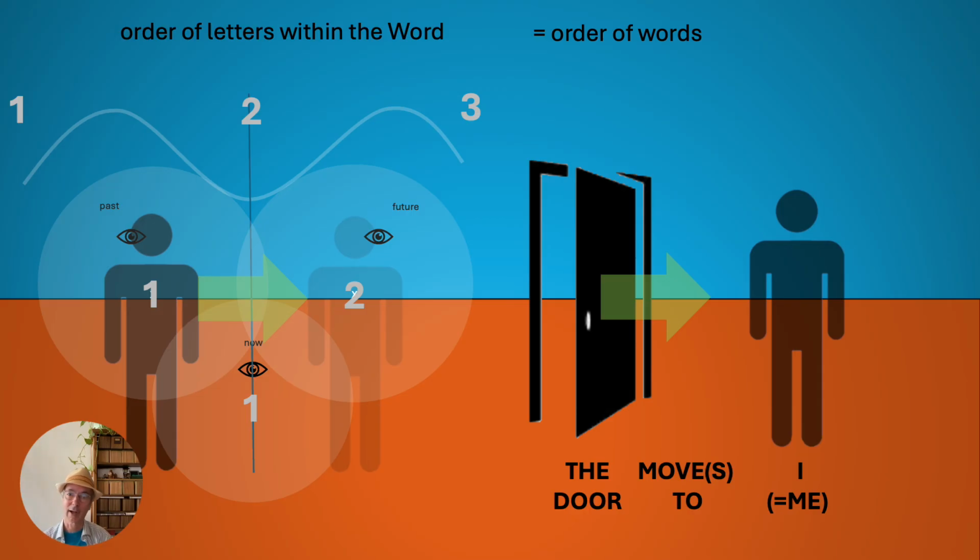So now when I have the door and then move to, with just a different order of words, it almost becomes a dangerous situation, of course, because when the door moves to me, if I'm not taking care, the door will be banging my head. So I have to be careful.